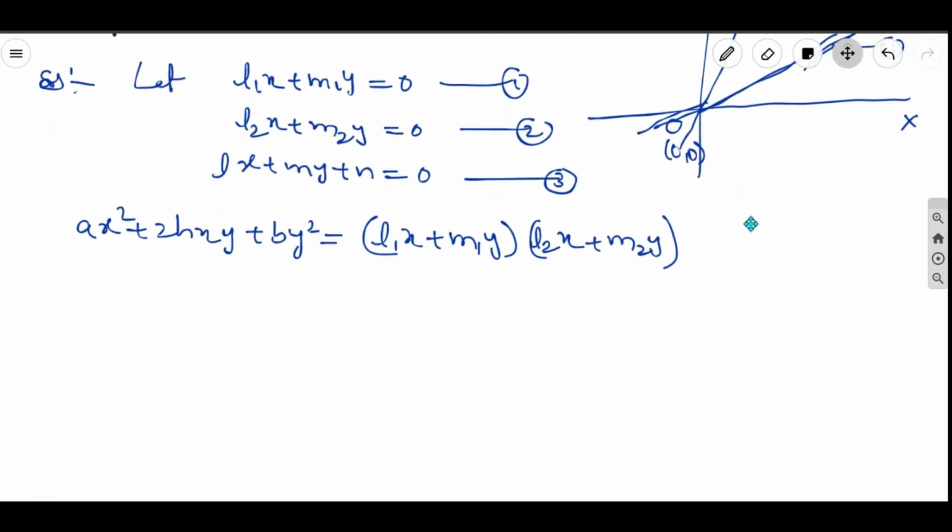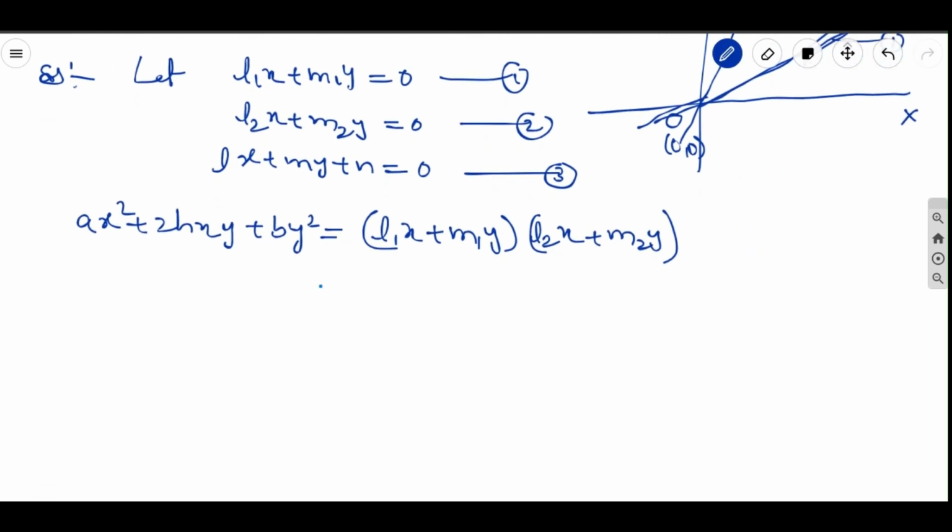First we multiply and compare these two. Using the distribution property, the first factor's two terms: first term into the second factor plus second term into the second factor.